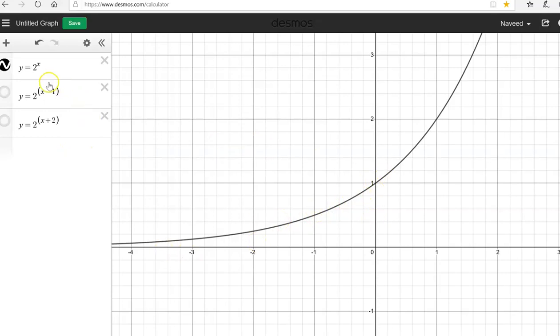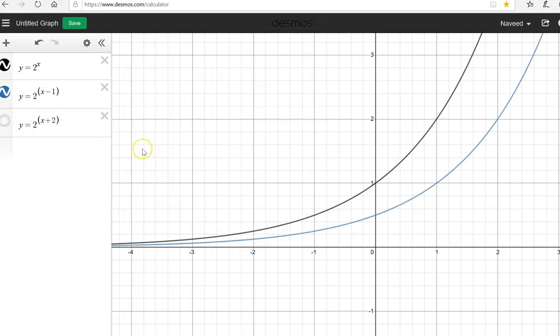Now let's look at what happens when we do x minus 1. According to our definition of the function transformation, the c value here is actually positive 1. That means the graph has been moved to the right. So let's see if that is true.